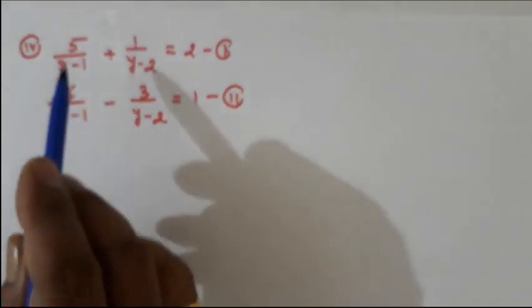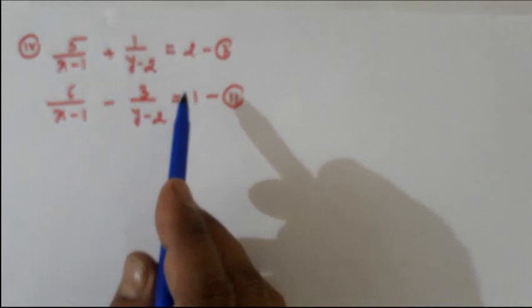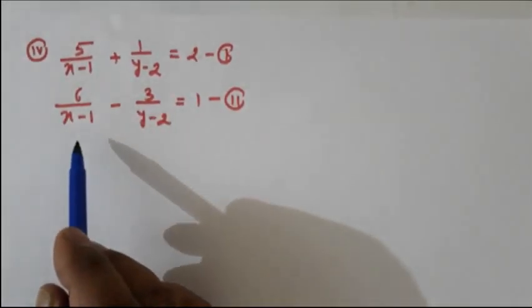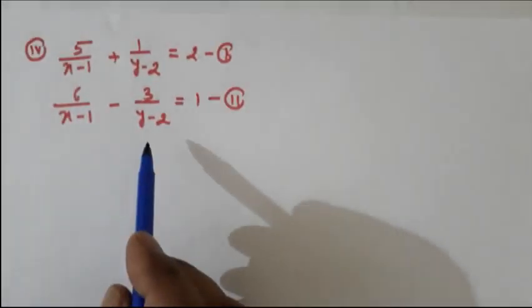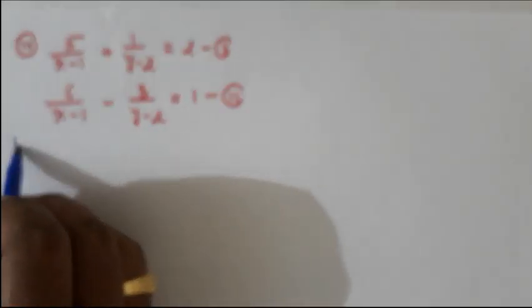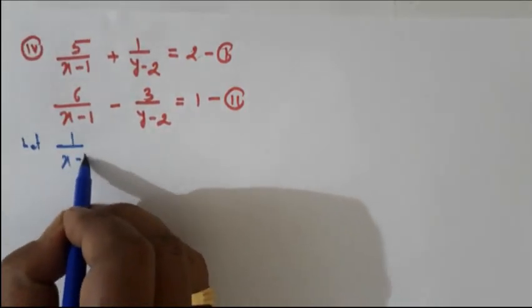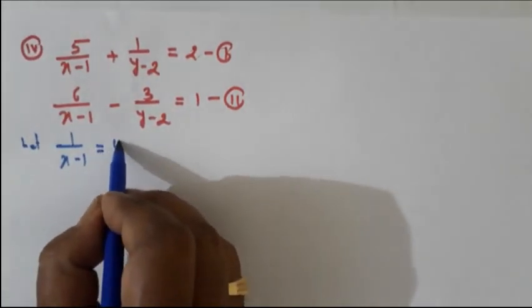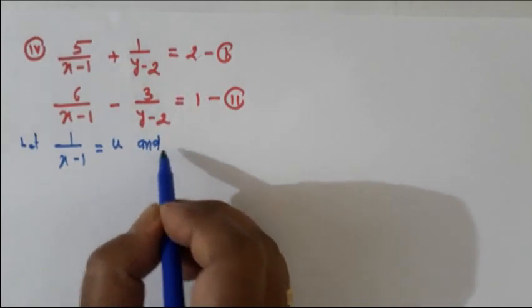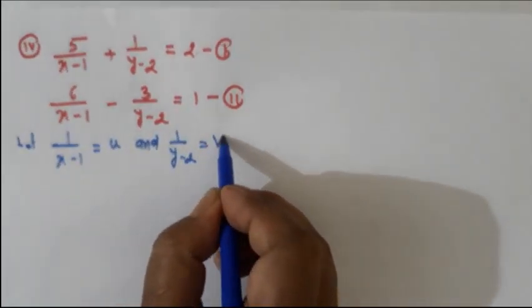Here, 5 upon x minus 1 plus 1 upon y minus 2 is equal to 2, and 6 upon x minus 1 minus 3 upon y minus 2 is equal to 1, the second one. For the solution, you write: let 1 upon x minus 1 is equal to u and 1 upon y minus 2 is equal to v.